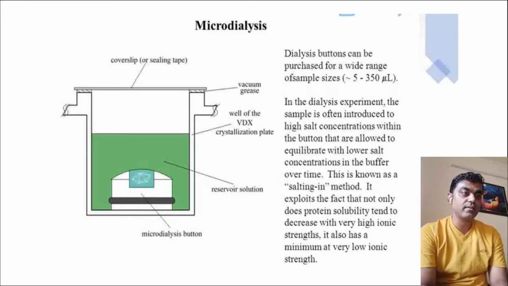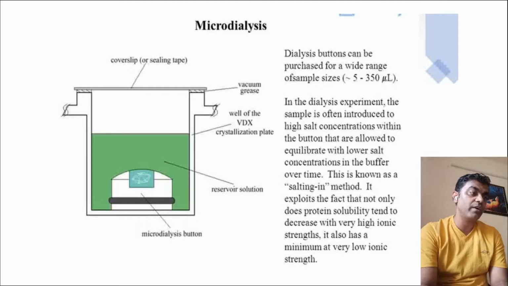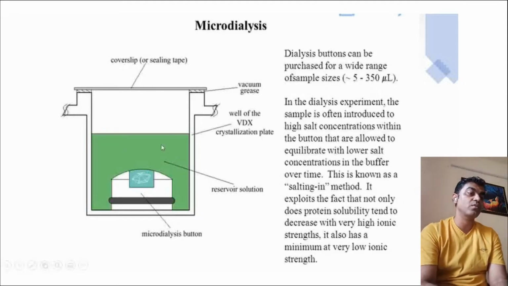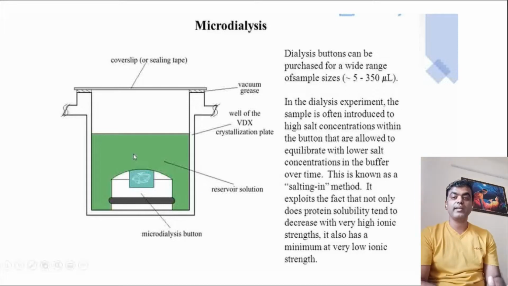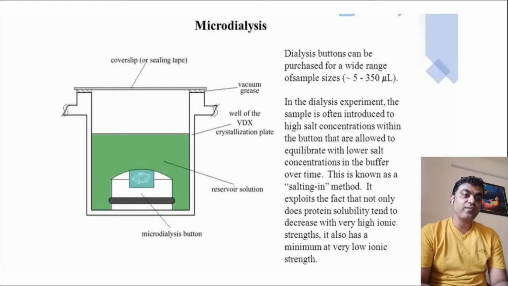Now in the dialysis experiment, the sample is introduced to high salt concentration within the button, and it is allowed to equilibrate with lower salt concentration in the buffer. So high salt concentration is here, low salt concentration is here, and it is allowed to equilibrate over a period of time, and this process is called the salting in method. It exploits the fact that not only does protein solubility tend to decrease with very high ionic strength, it also has a minimum at very low ionic strength.